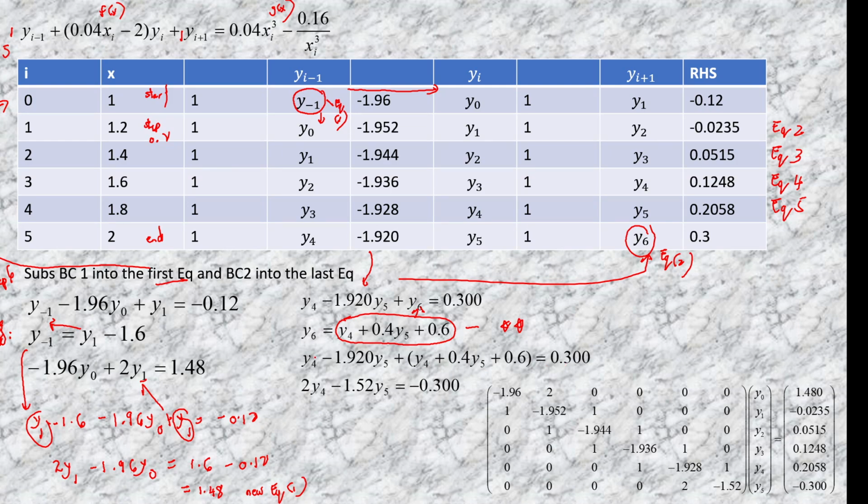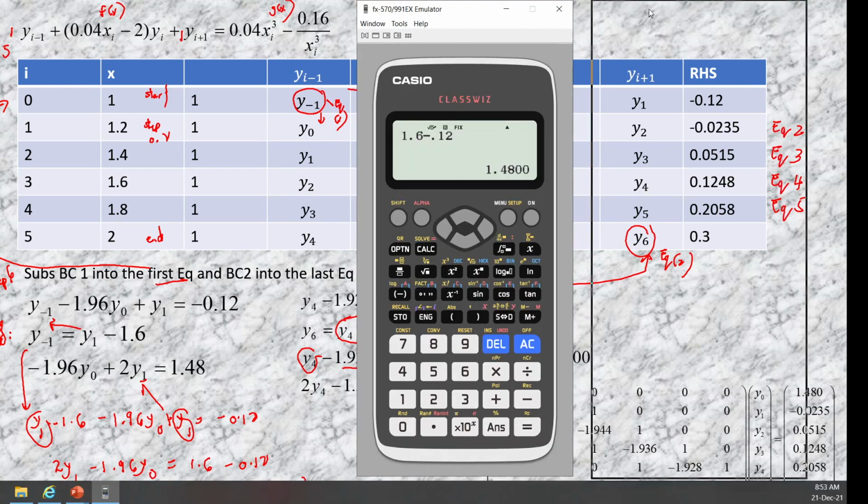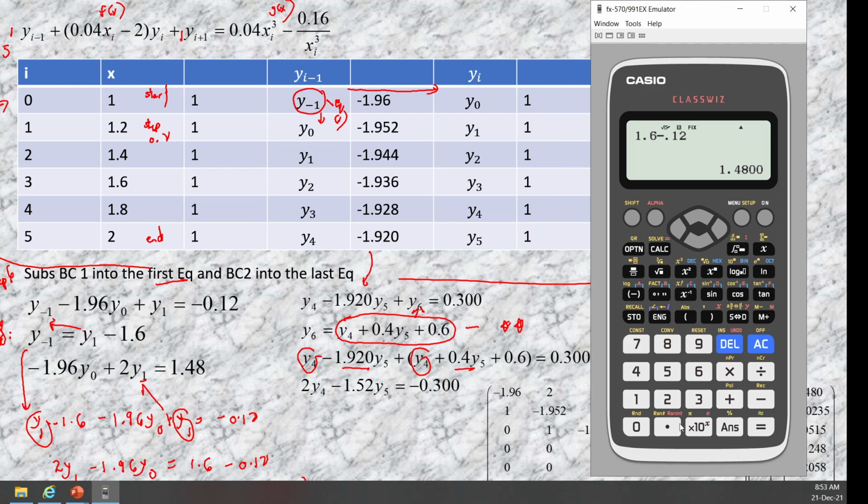So you have here y4 total is 2y4, and then negative 1.920 plus 0.4, meaning this y5 collect together. You have negative 1.92 y5 add up 0.4, you get negative 1.52 y5.